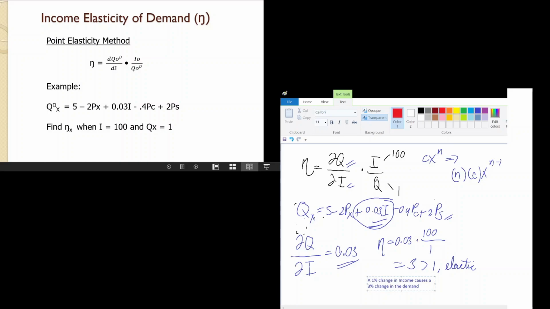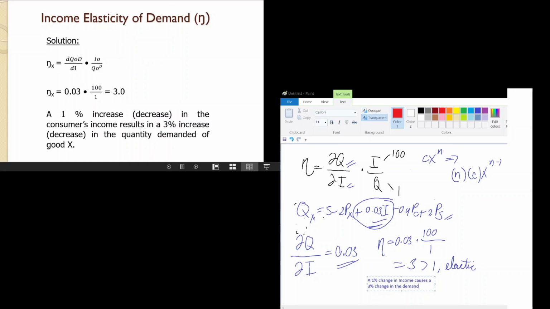Okay, so tingnan natin kung tama ba yung ginawa natin. So, tama. Yung dito, partial derivative of q in terms of I is 0.03. Then, we multiplied it to 100 over 1. So, we got 3.